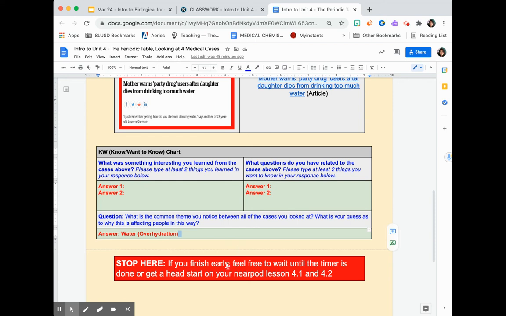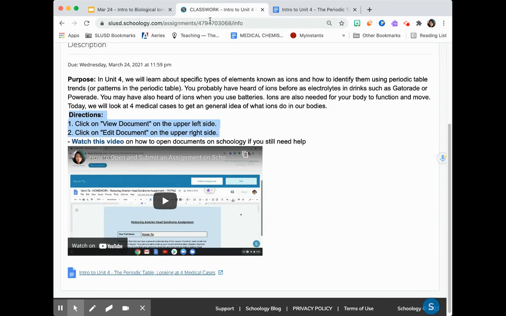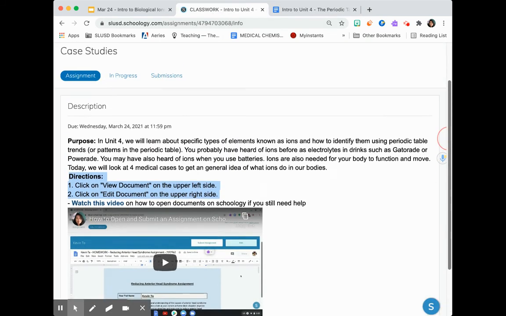section of your assignments. And when you're done with this, our next step is to complete our homework, so our Nearpod lessons. And our Nearpod lessons is where we mainly take our notes and learn more about these things that you might have questions on in a little more detail. So to get to your homework or your Nearpod lessons, go ahead and go onto Schoology.